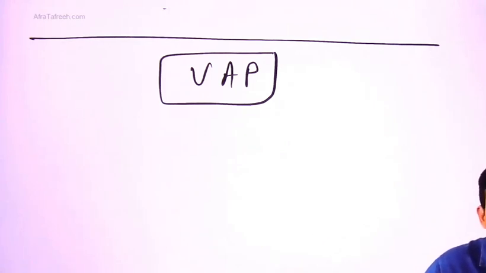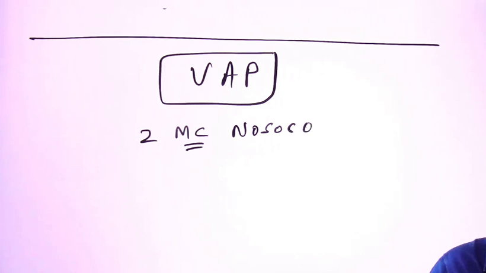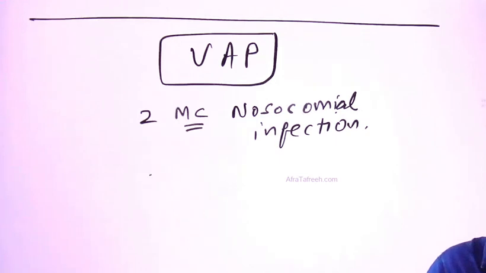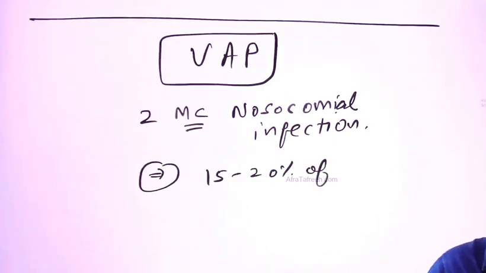And VAP is what? Ventilator associated pneumonia. Remember, this is the second most common nosocomial infection after the catheter associated UTI, and it accounts for 15 to 20% of the total hospital acquired infections.